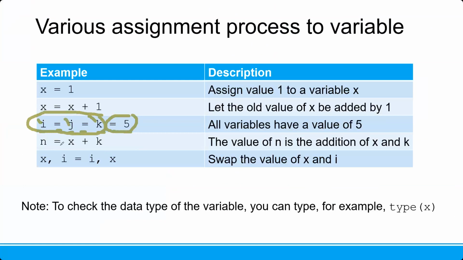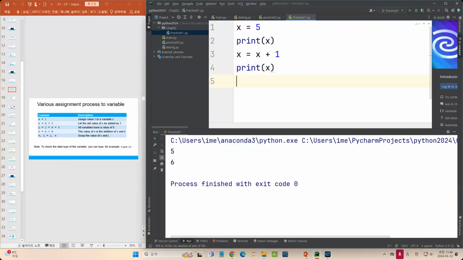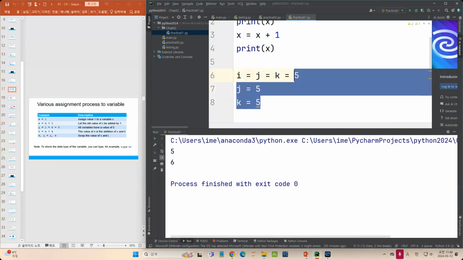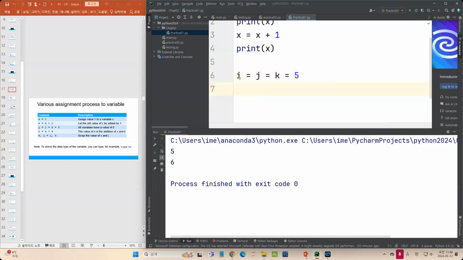So you don't need to have different lines, like i equals to 5, j equals to 5, k equals to 5. You don't need to do this. You can just do it once: i equals to j equals to k equals to 5. Then it finishes.